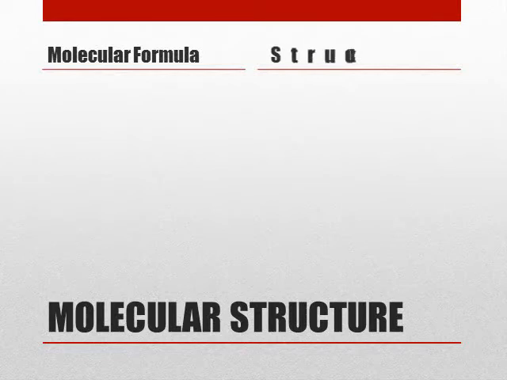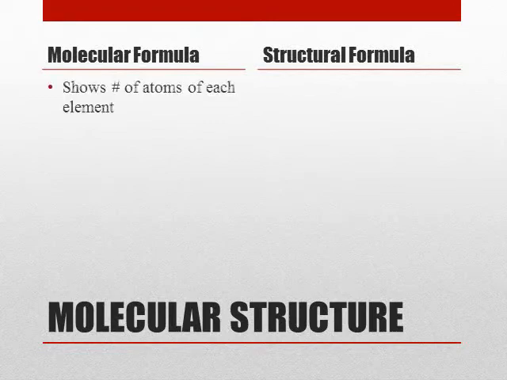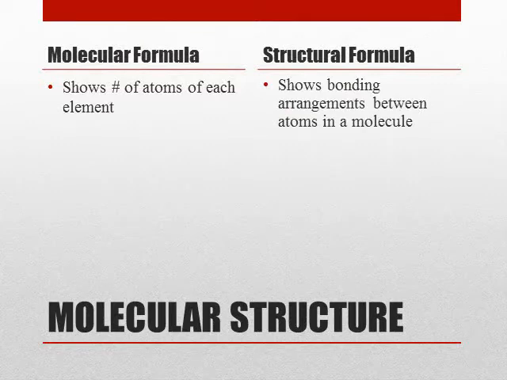So in order to express the molecular structure of any particular compound, we can use the molecular formula or possibly the structural formula, depending on what we're trying to show. The molecular formula is going to tell us what kind of atoms are there and how many of each kind of atom is present in the compound, where a structural formula will do that and also show us the arrangement of the atoms in that compound.